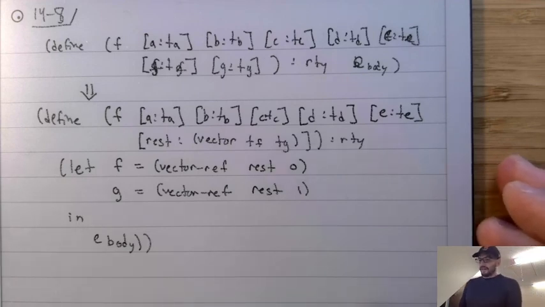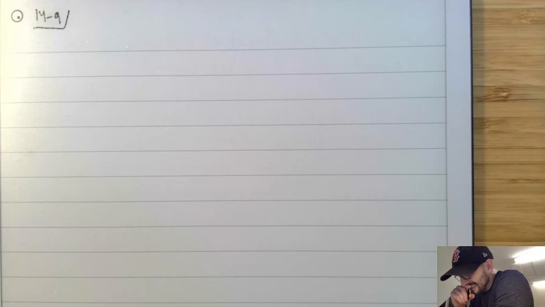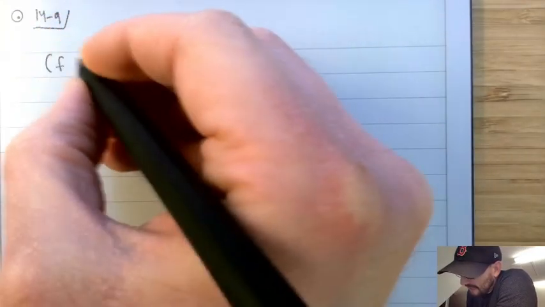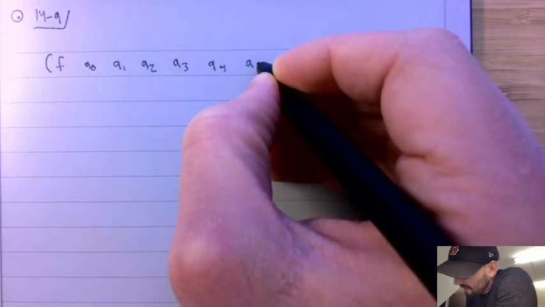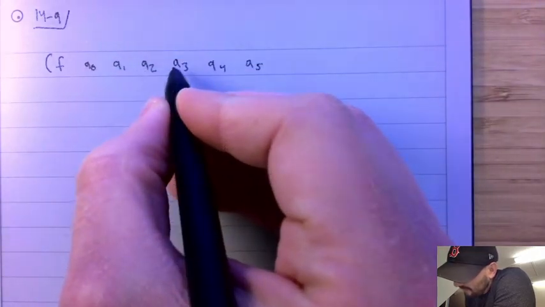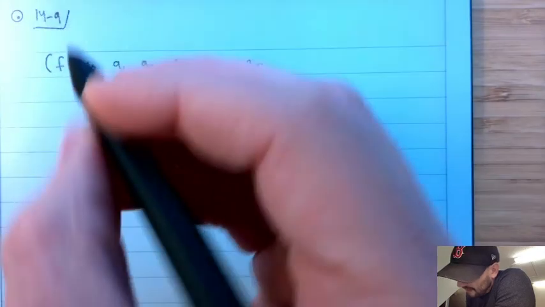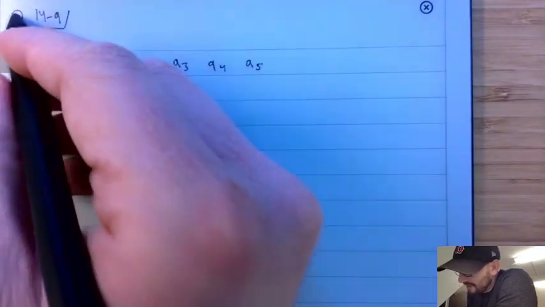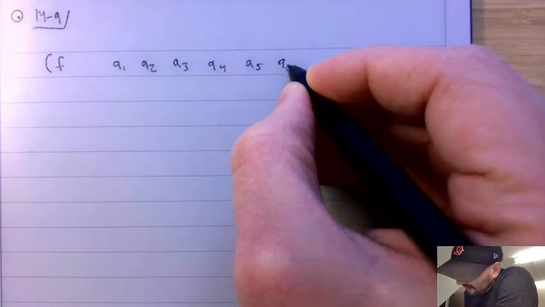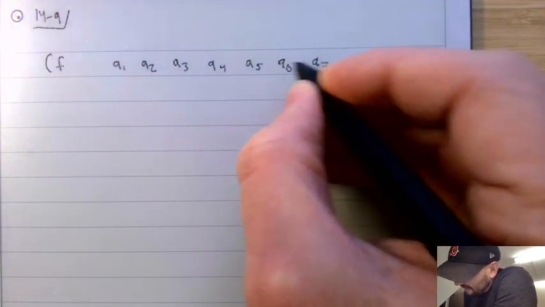We also have to modify the function applications. And so what we're going to do there is that you see a function call and you're calling some function, and you have argument 1, argument 2, argument 3, argument 4, argument 5. Actually, oh, it's annoying. I'm going to get rid of this 0 here so that we don't have off by 1 in our brains. Then we have argument 6, and then we have argument 7.